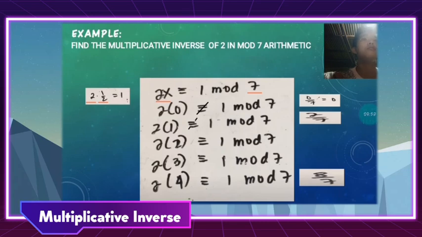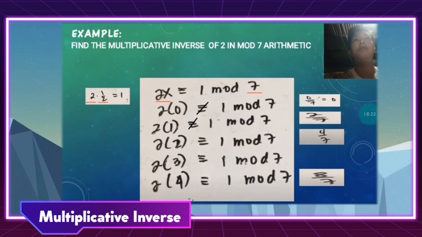So, 4 over 7. So, the remainder is also not 1.